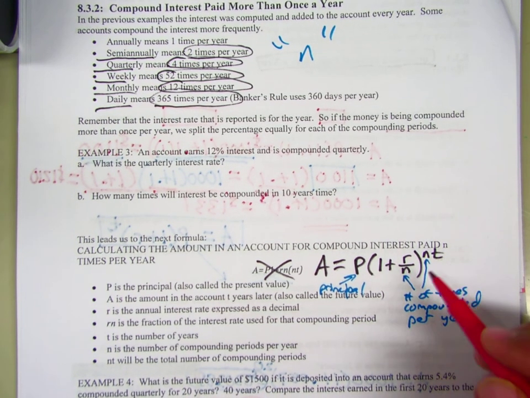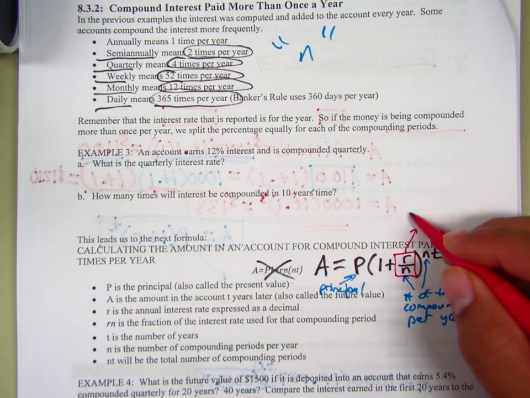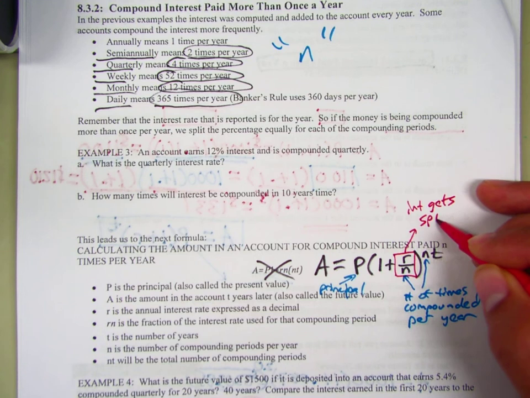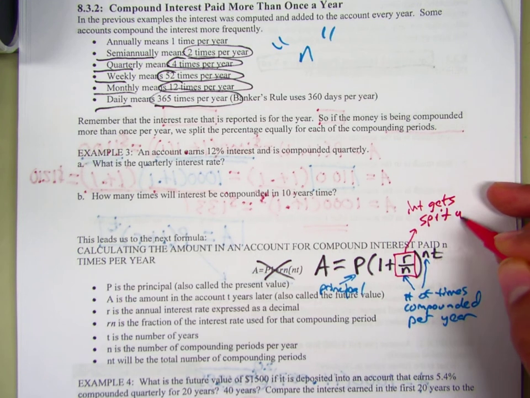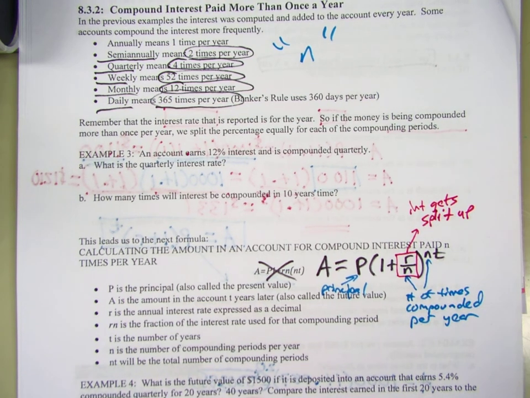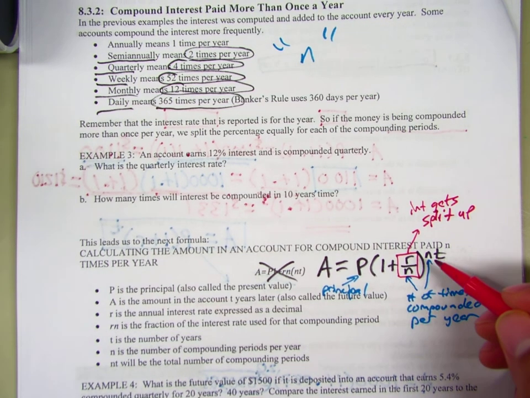So this represents the interest getting split up. Whoops, I put spit up. That's supposed to be split up. Okay. So here's what I mean by that. So let's say, you know, that 10% problem that we were doing.